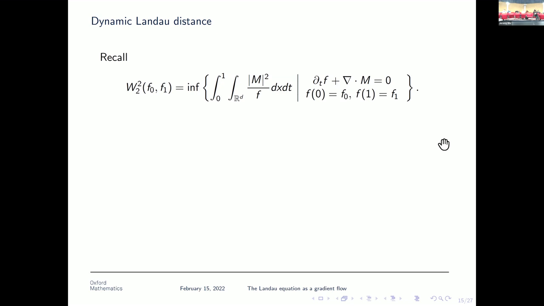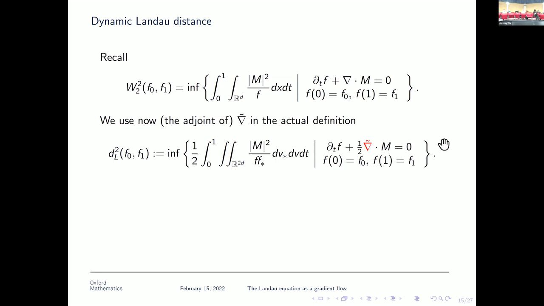The way that I define the Landau metric is analogous to this. I take an infimum of an energy functional. So instead of m squared over f, I have m squared over F F star. Again, this has to do with the doubling of variables. And now my continuity equation constraint has replaced the usual gradient operator with the nabla tilde operator, or morally the adjoint of it, which I won't define, but just like with the usual continuity equation, this generalized continuity equation constraint should only be thought of in a weak sense.